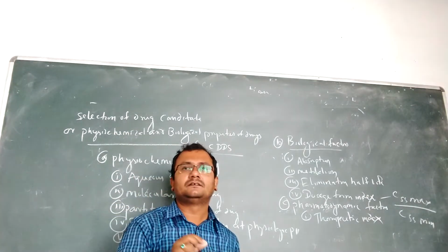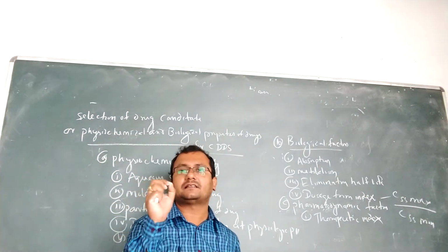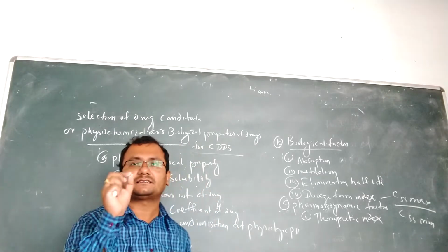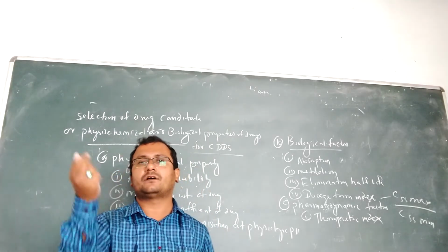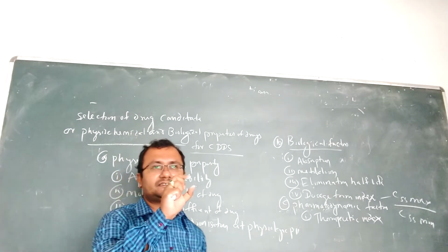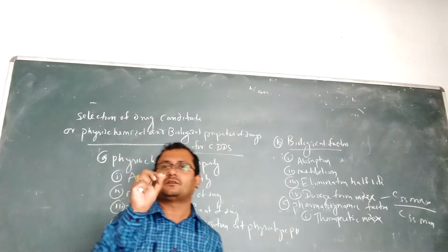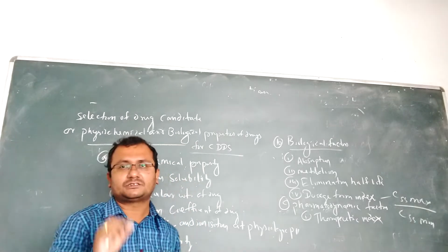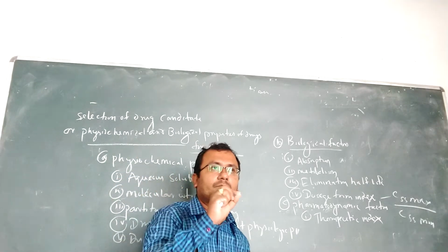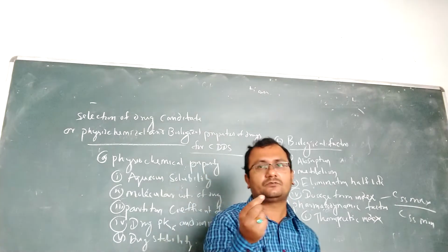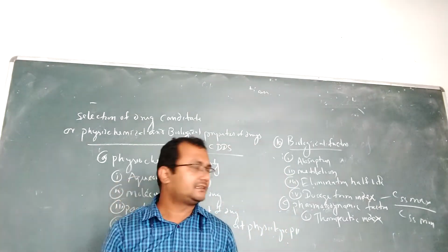So what will happen? If you take a slightly high dose, it will give a toxic effect, because there is a very small gap between effective concentration and toxic concentration. If more drug goes into the blood, it will immediately reach toxic concentration.